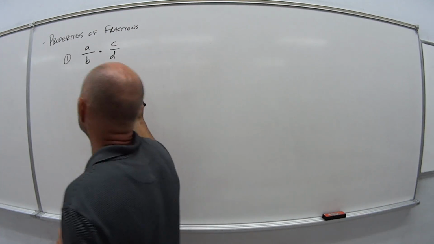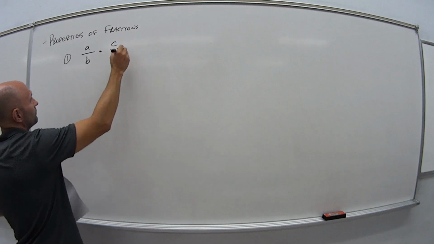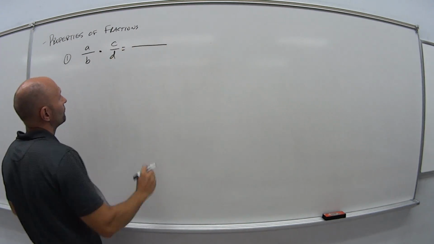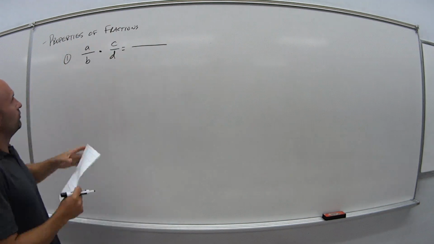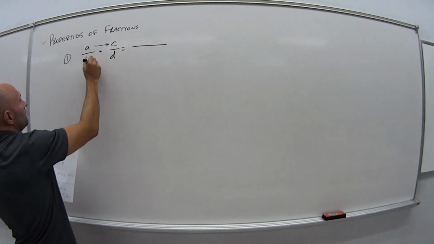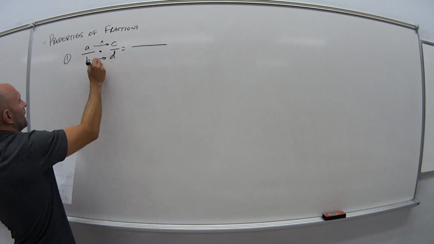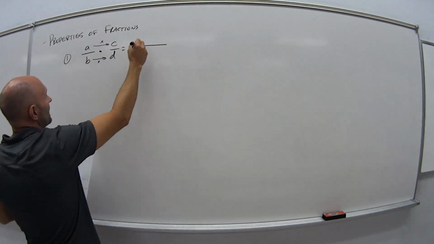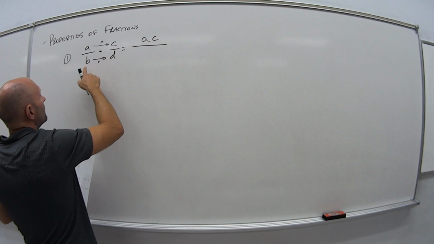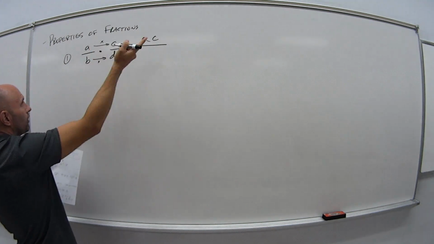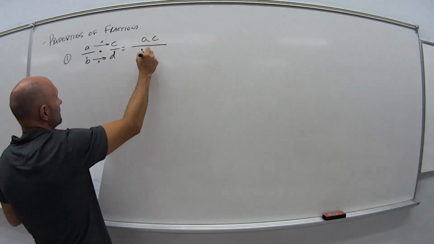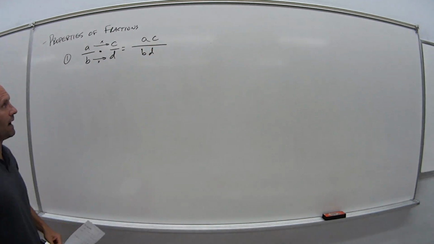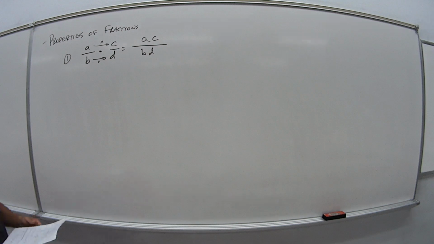I only say that this is the easiest because when we're multiplying 2 fractions, all we're going to do is multiply the numerators by each other and multiply the denominators by each other. So the top, the numerator, is going to be A times C, and the bottom, the denominator, B times D, will be in the denominator of our fraction as the answer.